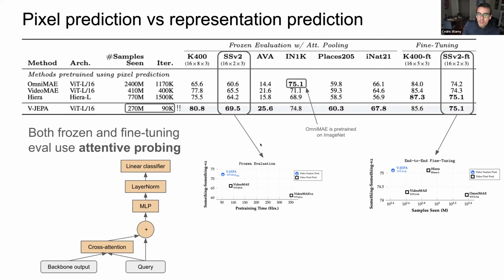Okay, for Something V2, if you look more carefully at the performance on the y-axis and the pre-training cost on the x-axis, you see that you have a much better trade-off for V-JEPA. So you have higher performance for lower cost, essentially, compared to VideoMAE.